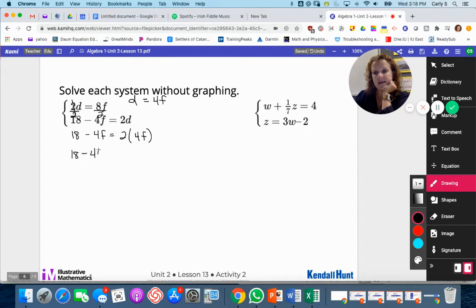Go ahead and do your multiplication here. 2 times 4 is 8. Now I'm going to add 4F to both sides. 12F equals 18. F equals 18 over 12, which does simplify to 3 halves.